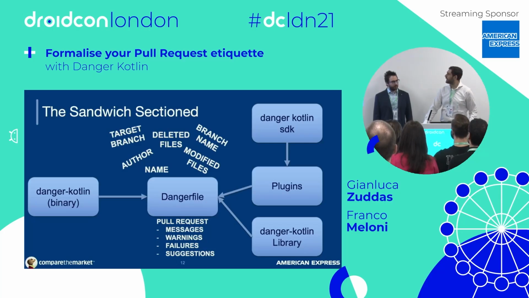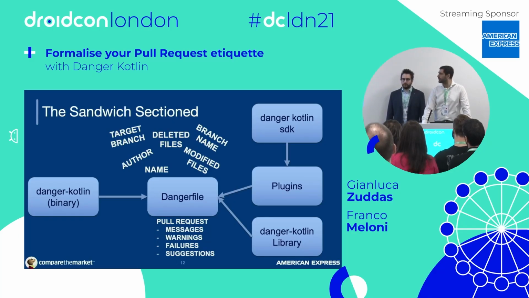And you can see here we have another block in this schema that is the plugins. We will be explaining that a bit more in detail later. And yeah, that's all. One thing I would like to mention at this point is that the Danger Kotlin binary was developed using Kotlin native, one of the most recent technologies provided by JetBrains.